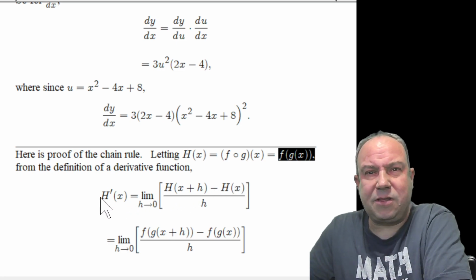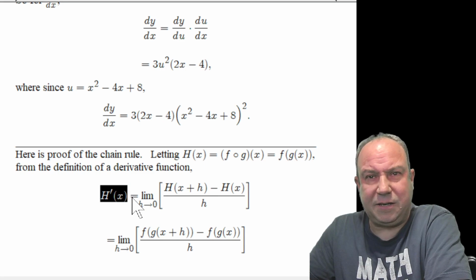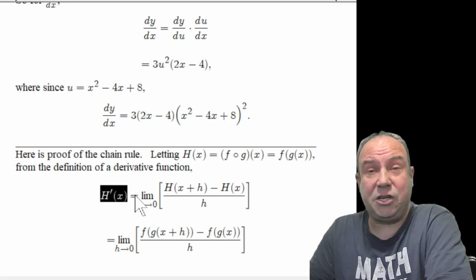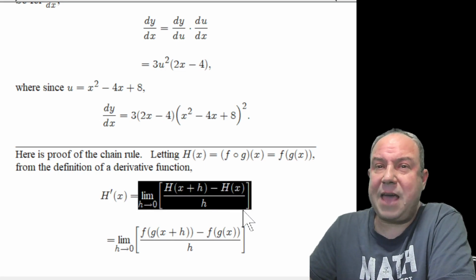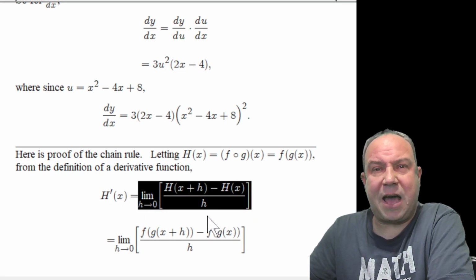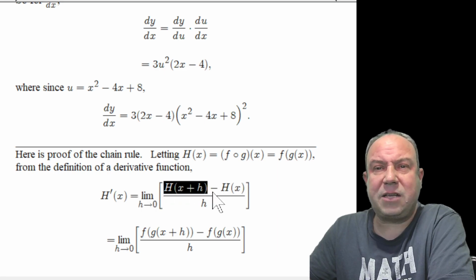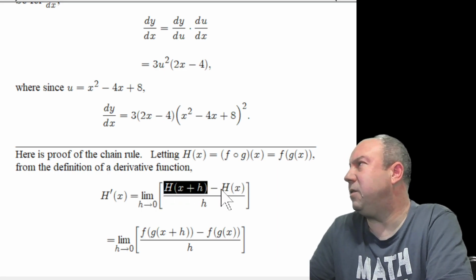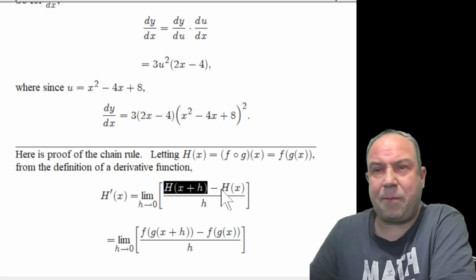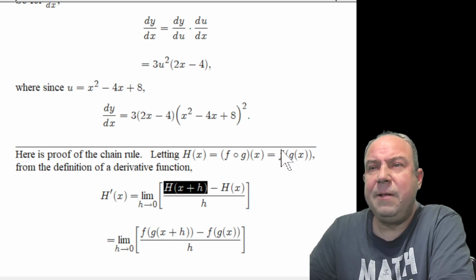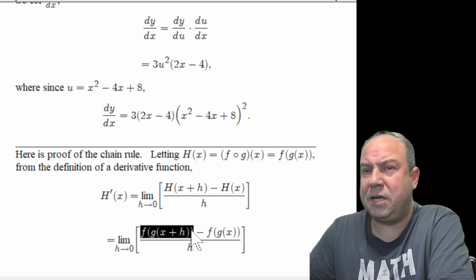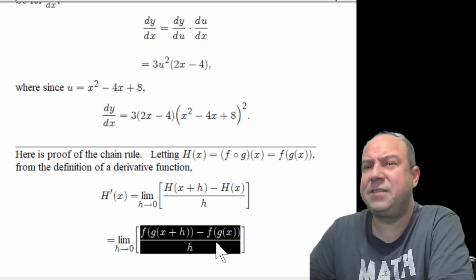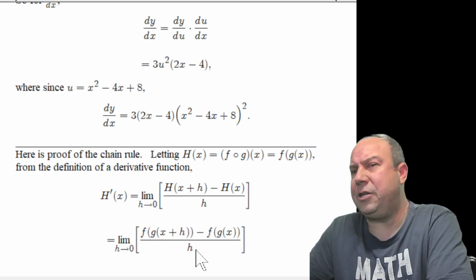And when we consider the definition of the derivative, when we apply that definition to h of x, we get h prime of x, which would be just capital H at x plus h minus capital H at x, all divided by h, where if capital H is this composite, it is looking at f at g at x plus h minus f at g of x, and dividing all that by h.